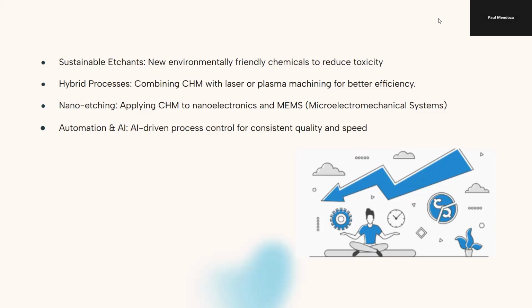For hybrid processes, combining chemical machining with laser or plasma machining for better efficiency. Nano etching, applying chemical machining to nanoelectronics and micro-electromechanical systems. Automation and AI, AI-driven process control for consistent quality and speed.